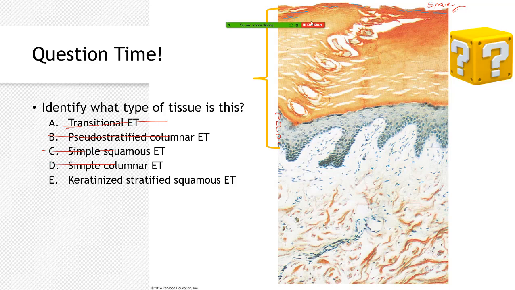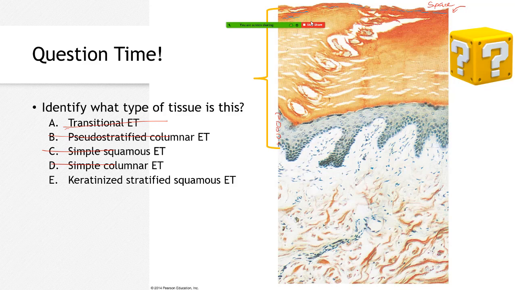The next question is, are these cells on the very top living or dead? It's not simple because there are so many layers; simple is just one layer.